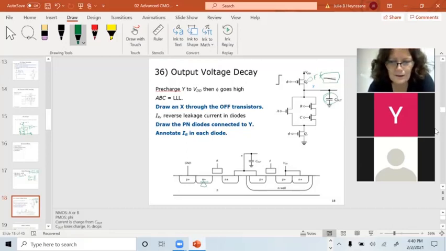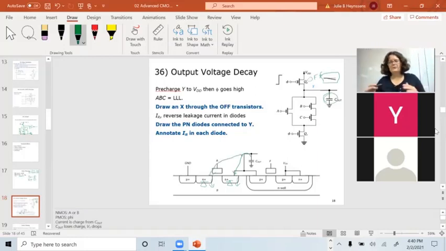I have another diode right here. The diodes are reverse biased, but remember, in reverse bias, they have leakage current, maybe like nanoamps or something like that. But the only place that current can come from is off this capacitor. So it's slowly decaying away through those reverse bias PN junctions.